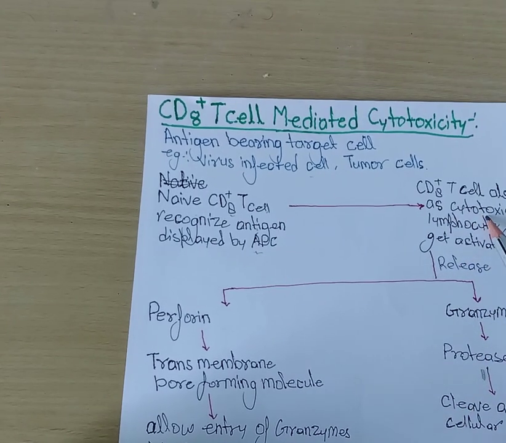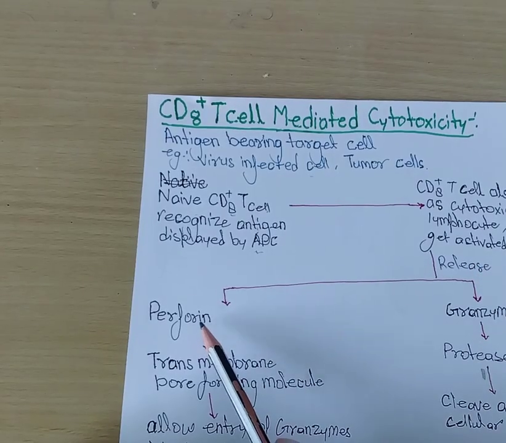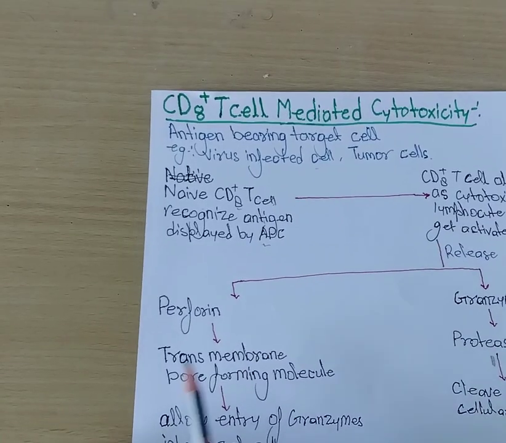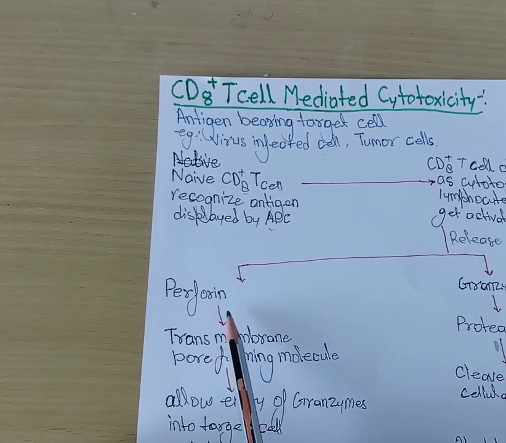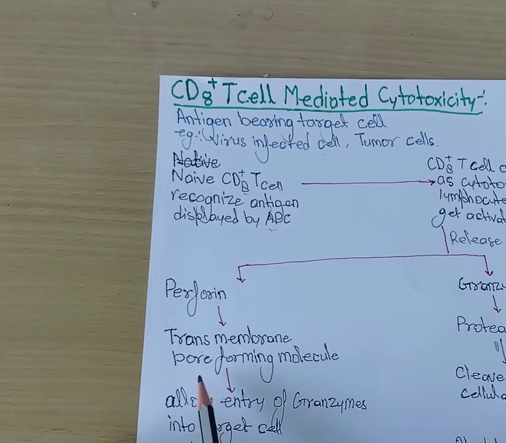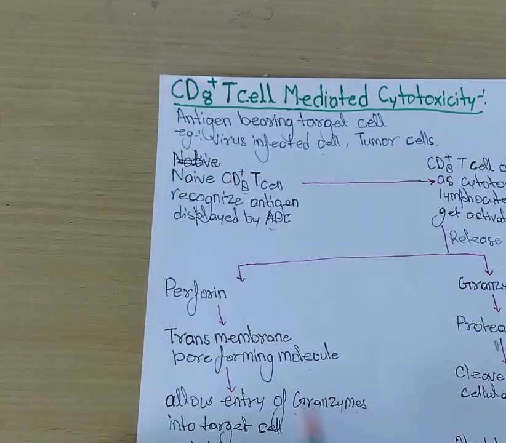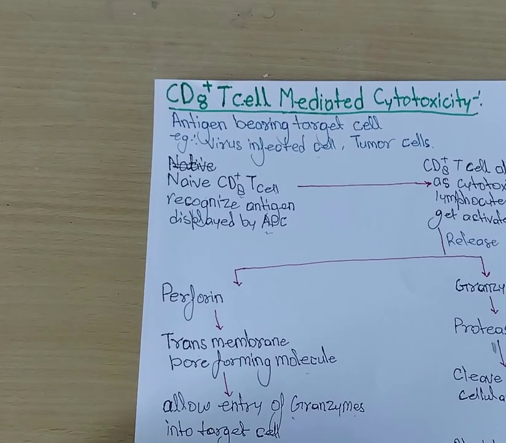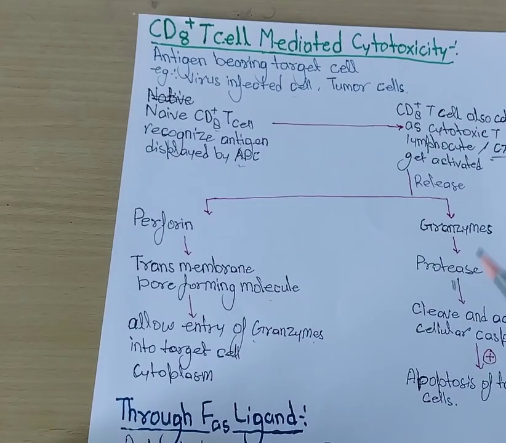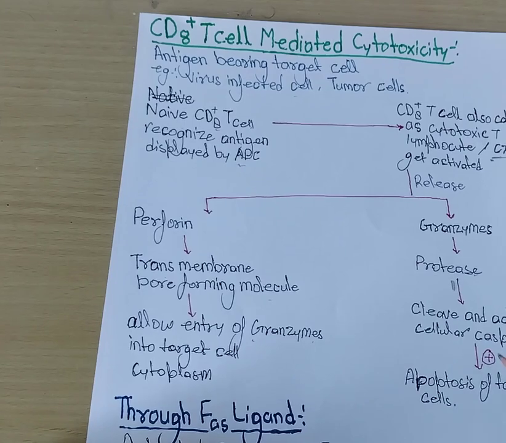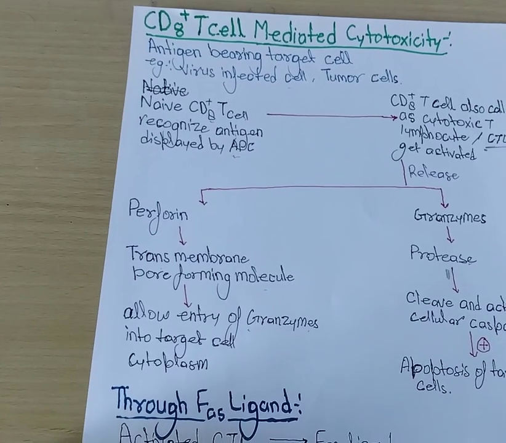CTL releases perforin and granzyme. Perforin produces transmembrane pore forming molecules, allowing entry of granzyme into the target cell cytoplasm. Granzyme is a protease which cleaves and activates cellular caspase. Caspase promotes the apoptosis of the target cell.